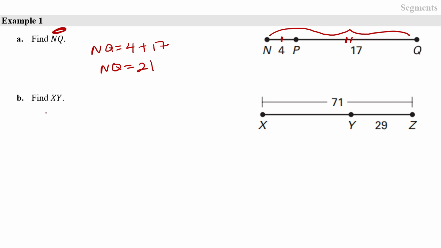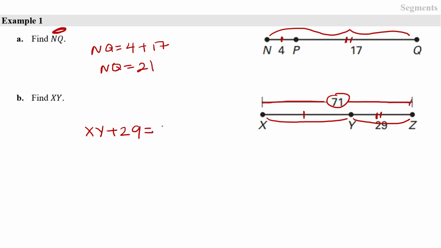And then for example B, same thing. Find the distance from X to Y. If you notice here, XY is only this little part on the left. But I can use the same formula, because I know that XY plus 29, those two pieces should equal this whole piece, which is 71.